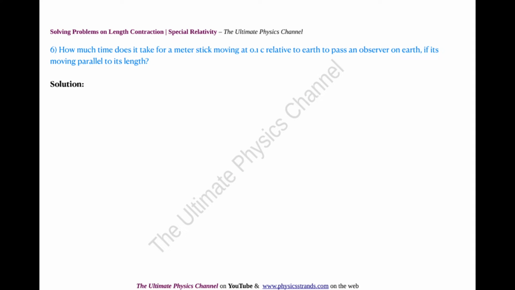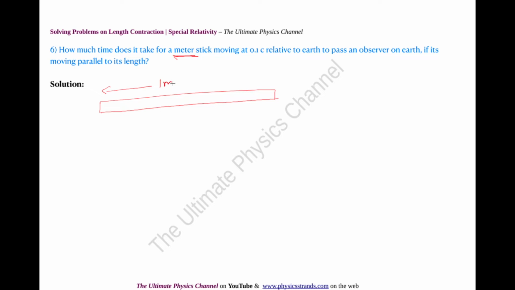How much time does it take for a meter stick moving at 0.1 c relative to Earth to pass an observer on Earth if it is moving parallel to its length? So the length of the object in this case is, in its rest frame, 1 meter because it is a meter stick. So we have a meter stick.